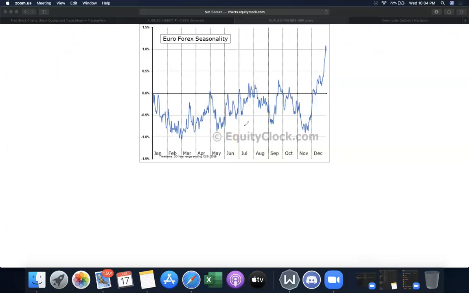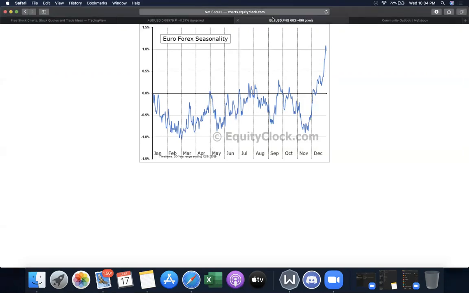So let me clear this. Now we say, okay, we're halfway through June, and right around halfway, euro is dropping against the dollar.